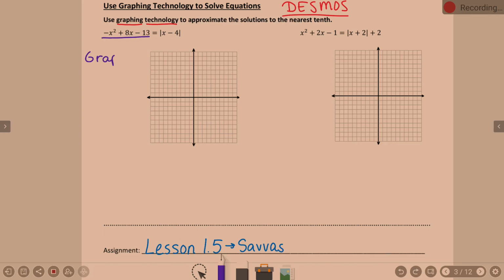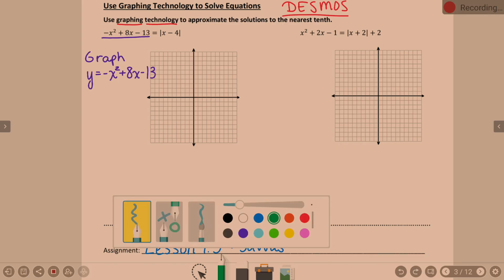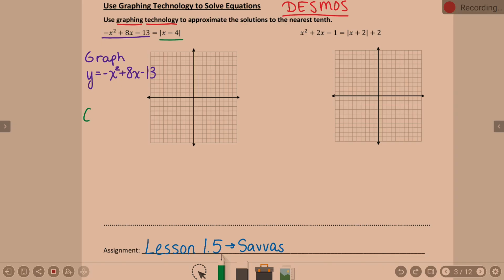So we're going to graph y equals negative x squared plus 8x minus 13. And then we're going to take the right, and we're going to graph y equals absolute value of x minus 4. Okay? And it's all about using Desmos, just like it was earlier.